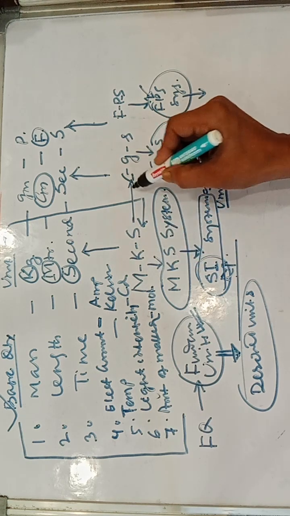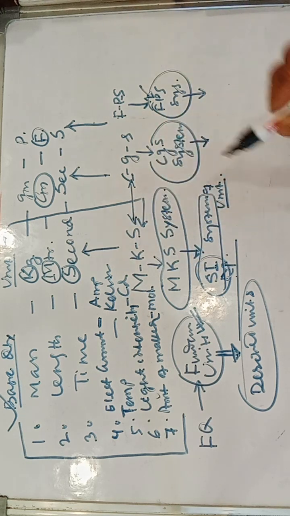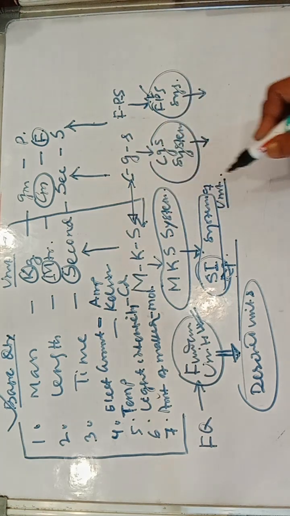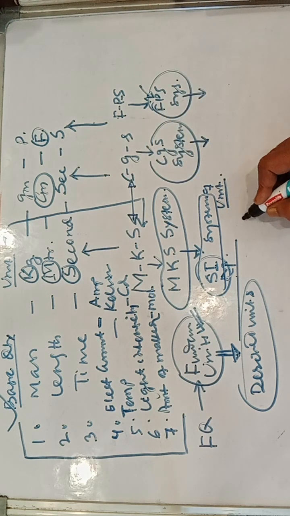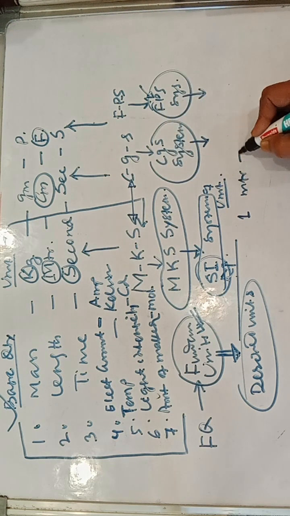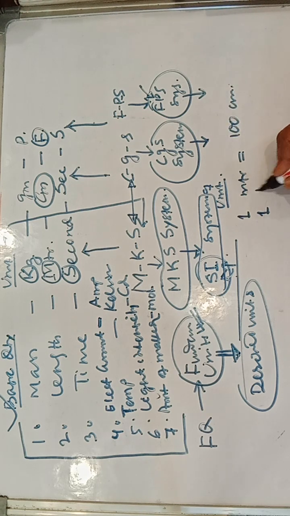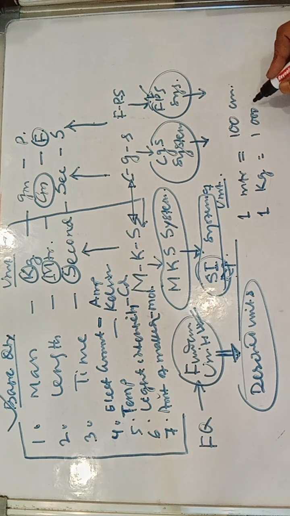This MKS and CGS are quite interrelated. As you know, 1 meter is 100 centimeter, 1 kg is 1000 gram, 1 second is 1 second.